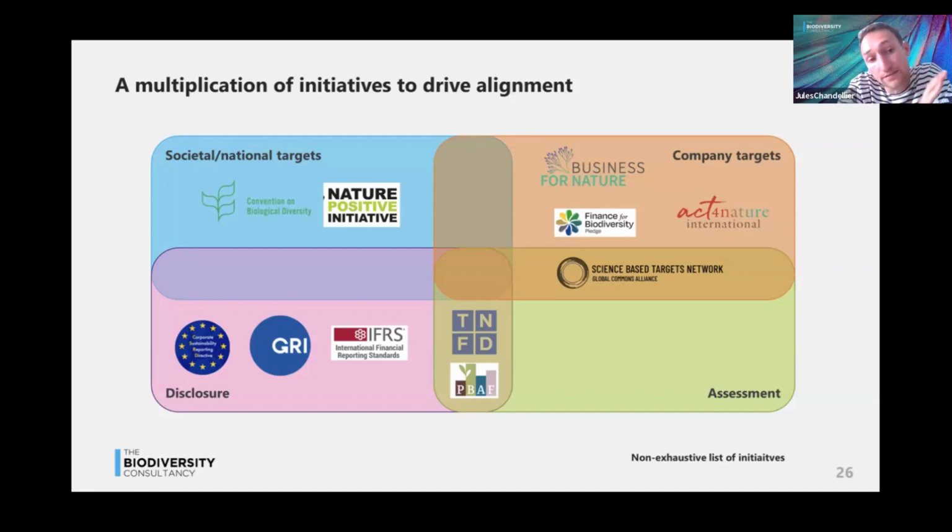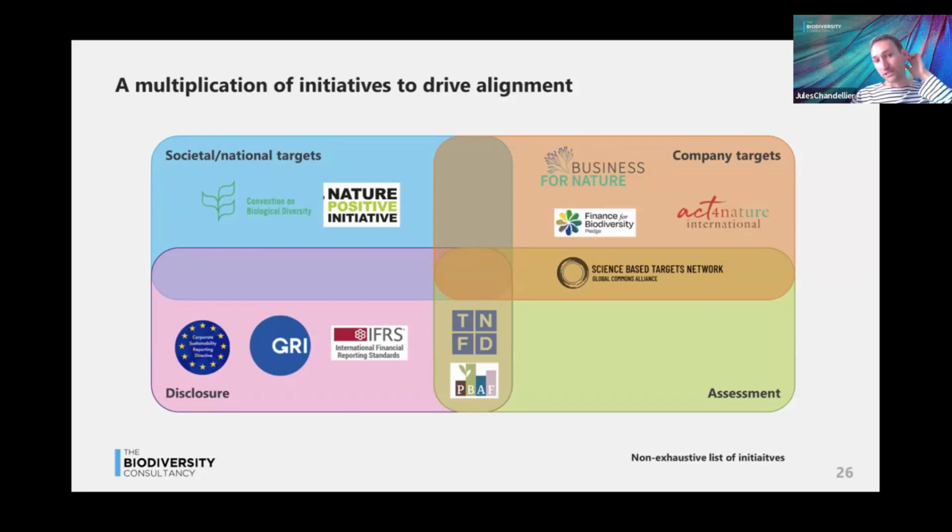On the top left, you have societal and national targets. For instance, the UN Convention on Biological Diversity hosts the COP. We had the COP on climate, and there's also the COP on biodiversity. This is the big global framework on biodiversity.